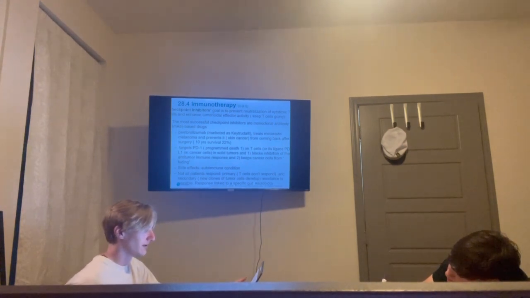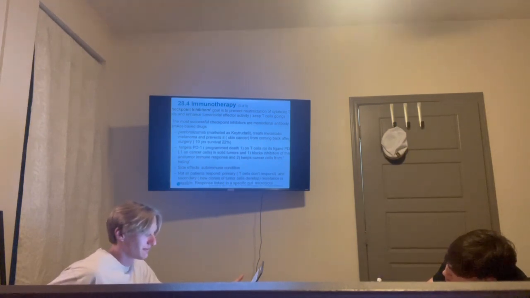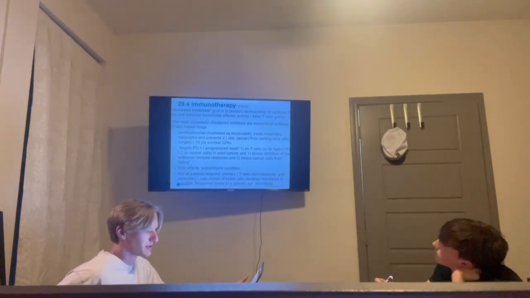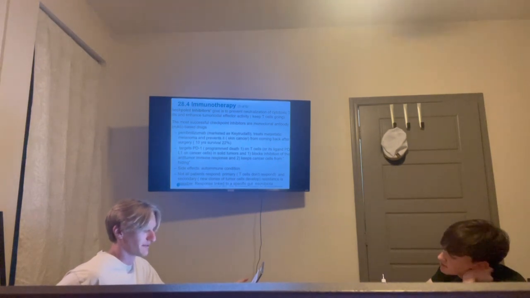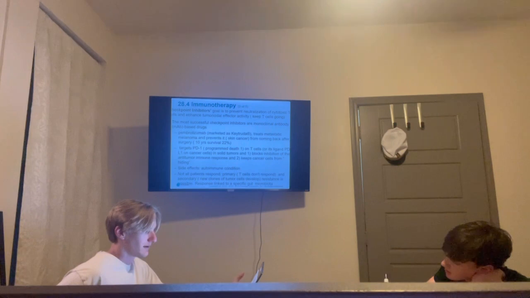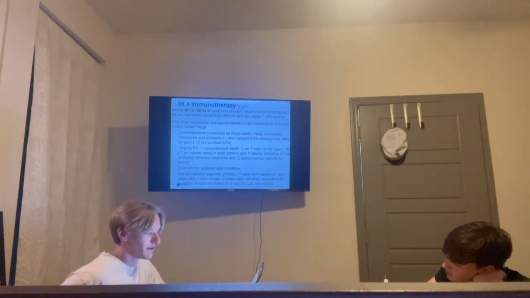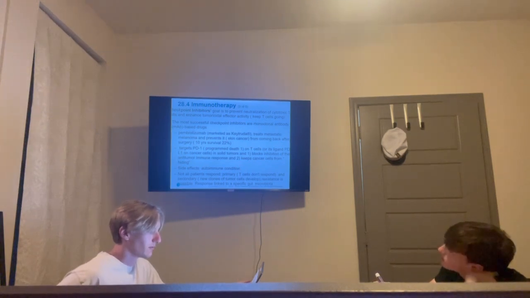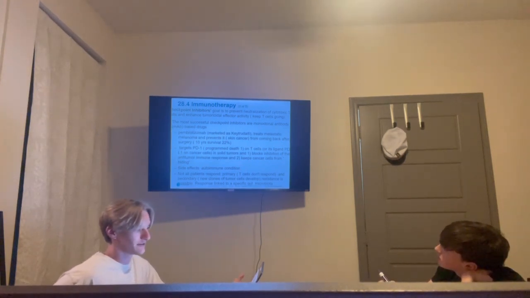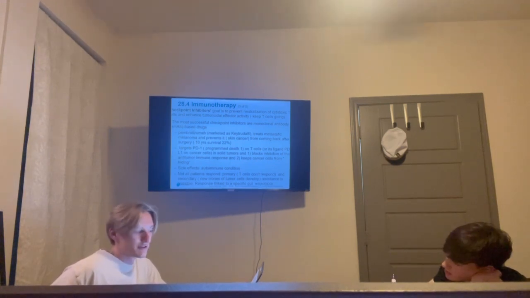These include pembrolizumab, marketed as Keytruda, which treats metastatic melanoma and prevents skin cancer from coming back after surgery. It targets PD-1, programmed death 1, on T cells, or its ligand PD-L1 on cancer cells in solid tumors, and blocks inhibition of the anti-tumor immune response and keeps cancer cells from hiding. Side effects? Autoimmune conditions.